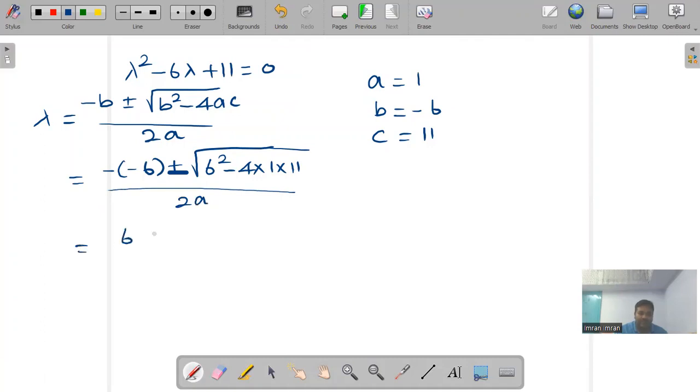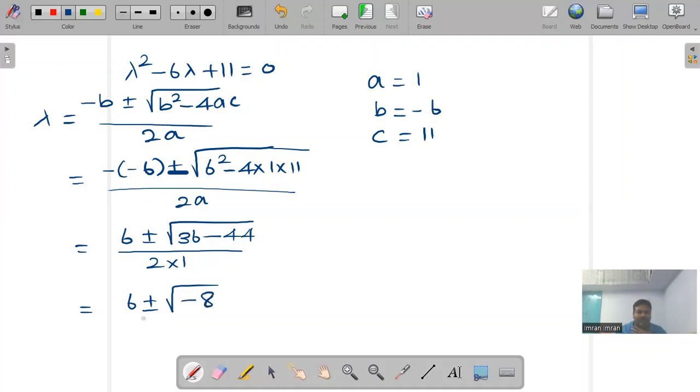So 6 plus or minus square root of 36 minus 4 ones are 4, 4 elevens are 44, whole thing divided by 2 into 1. Now 6 plus or minus square root of 36 minus 44. What is 36 minus 44? Minus 8, whole thing divided by 2.